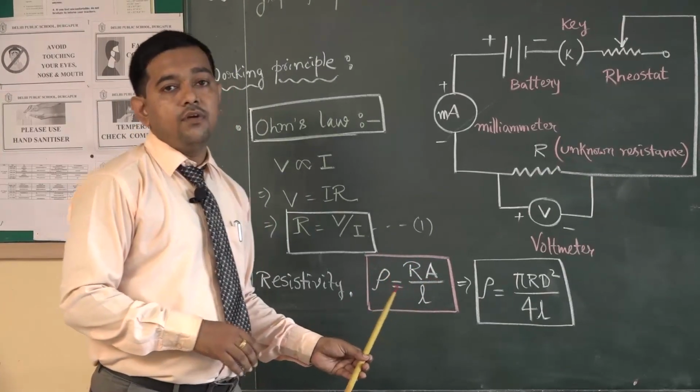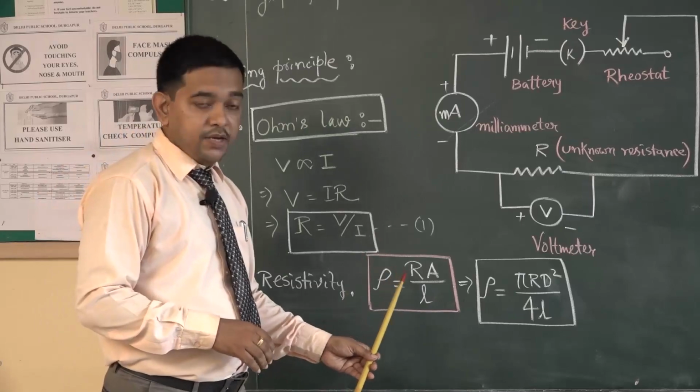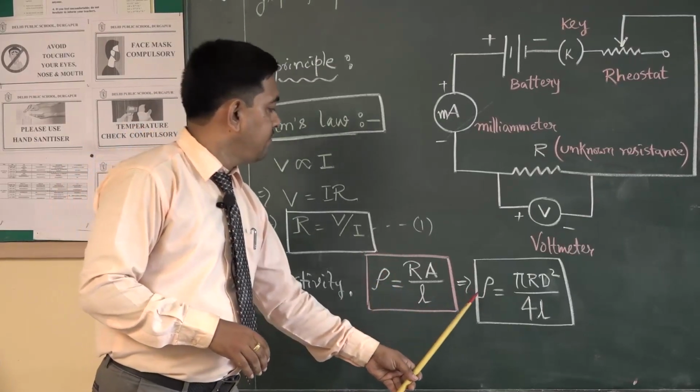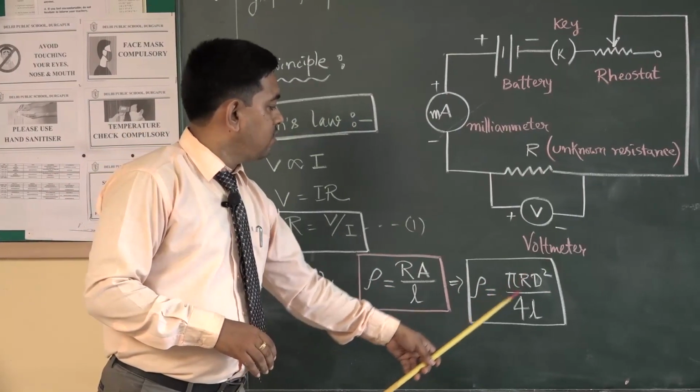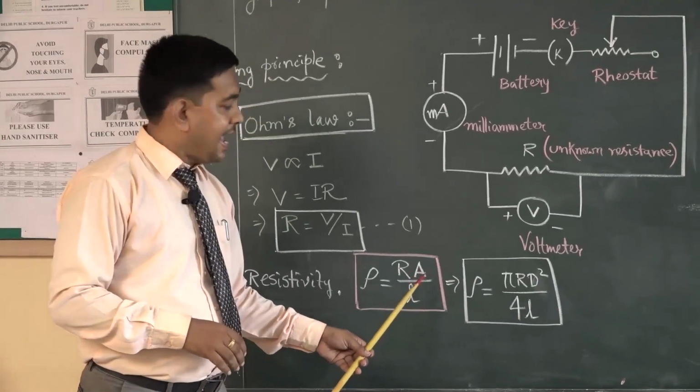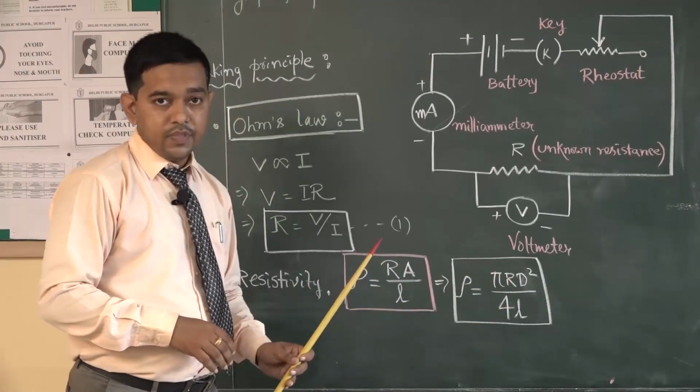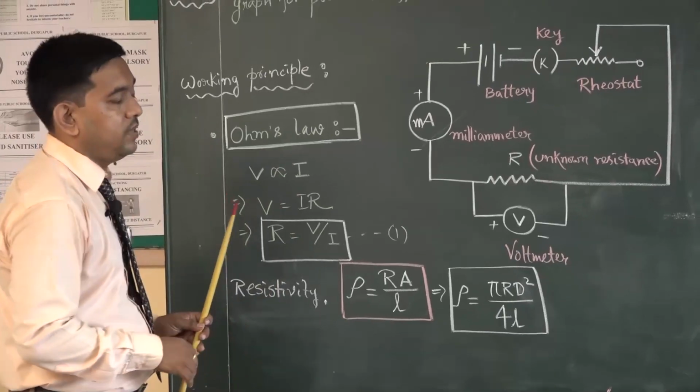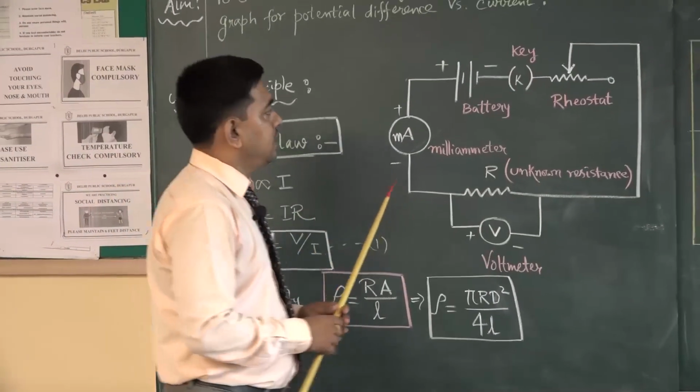Finally we can find the resistivity of the material of the unknown wire. So rho finally comes to pi R d square by 4L. Here we have replaced A by pi d square by 4, which is the area of cross section of the wire. Now let us come to the circuit.